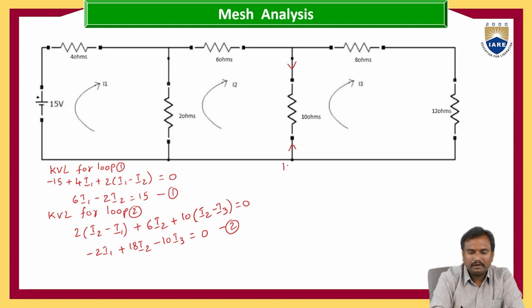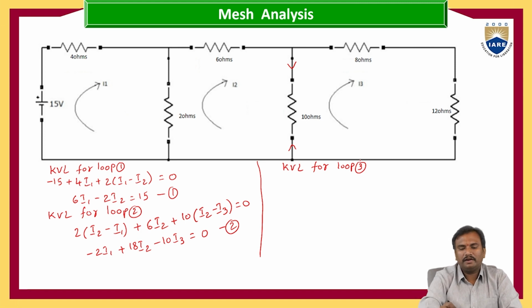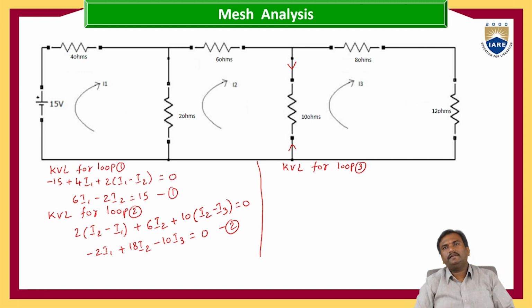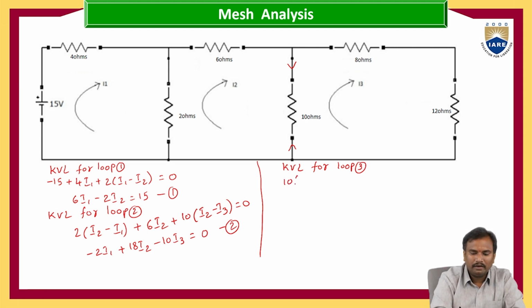Now let us write the KVL for loop 3. Here I3 current has higher magnitude. So 10 into I3 minus I2, the opposite current here is I2, plus 8 into I3 plus 12 into I3 is equal to 0.